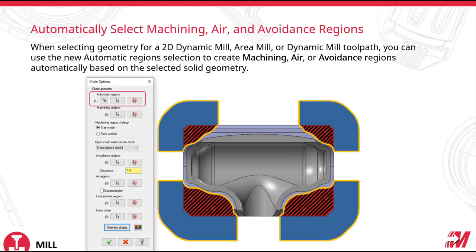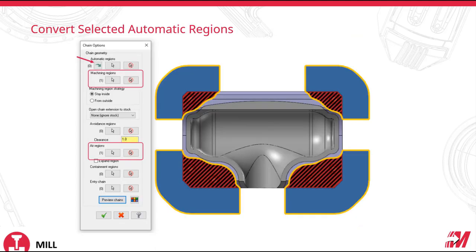Now you will have the ability to go back and pick machining regions the way you are used to. We still have that option in there, but the new option is on top there with the automatic regions buttons up on top there, and this works very well and is pretty nice. As I kind of mentioned, you can convert selected automatic regions by that green arrow there.